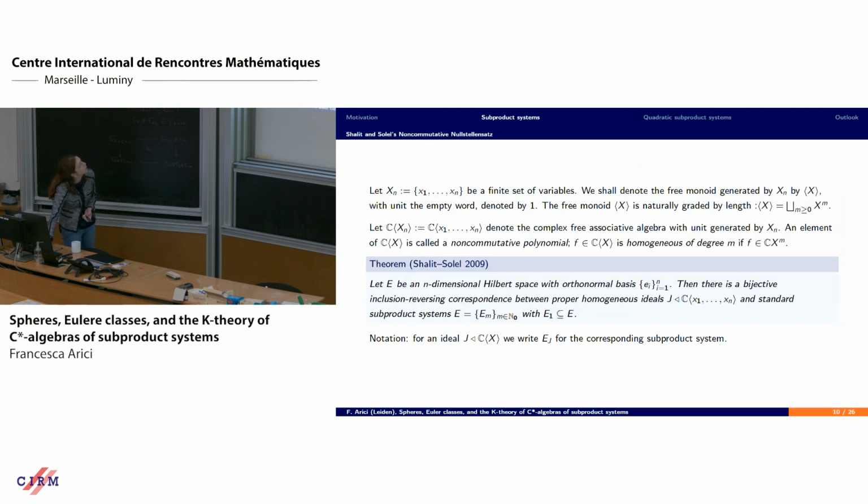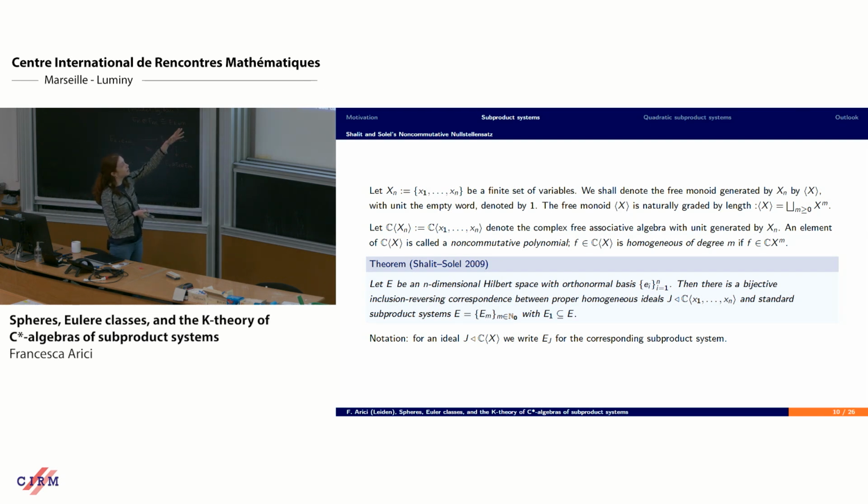All right. Now, for something completely different, I always liked algebra a lot. And when I had my position in Leipzig, I started talking to some non-commutative algebraists, so I got to learn a bit about quadratic algebras and stuff like that.